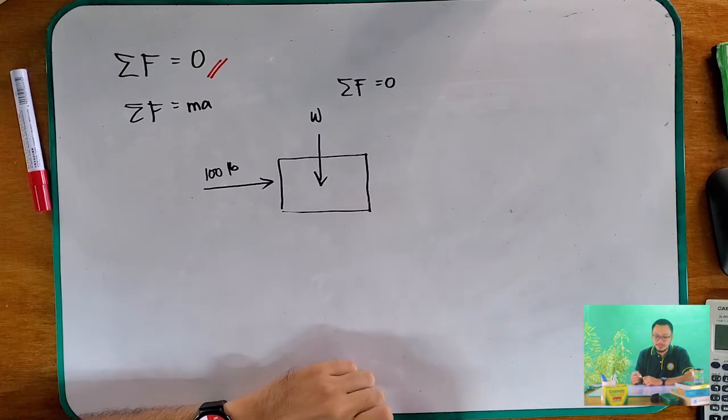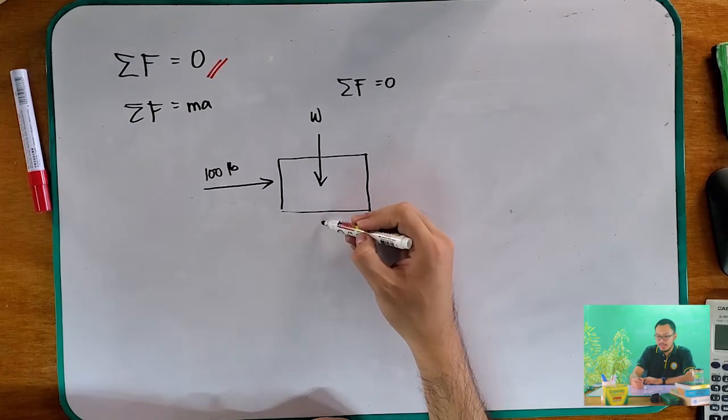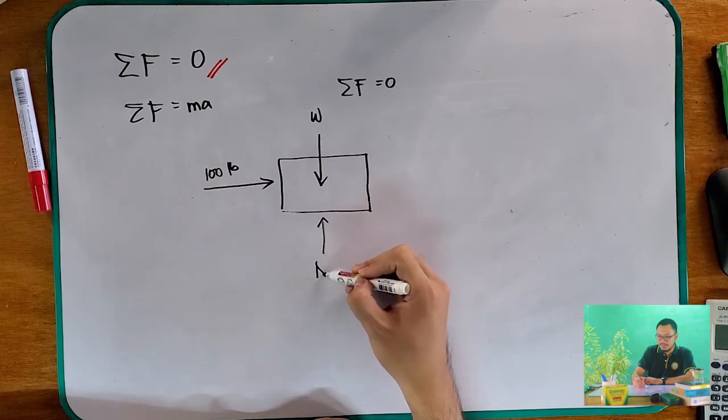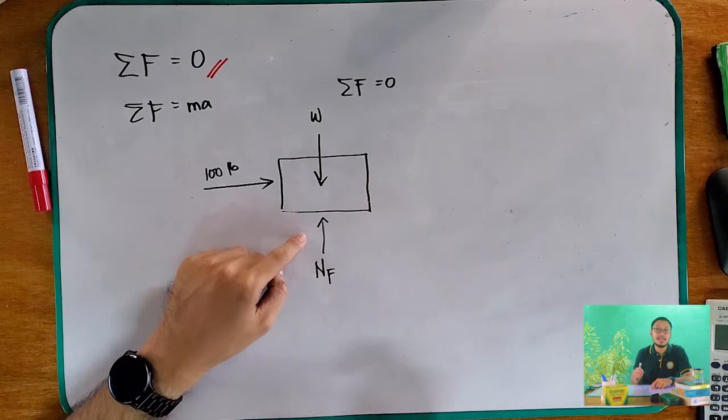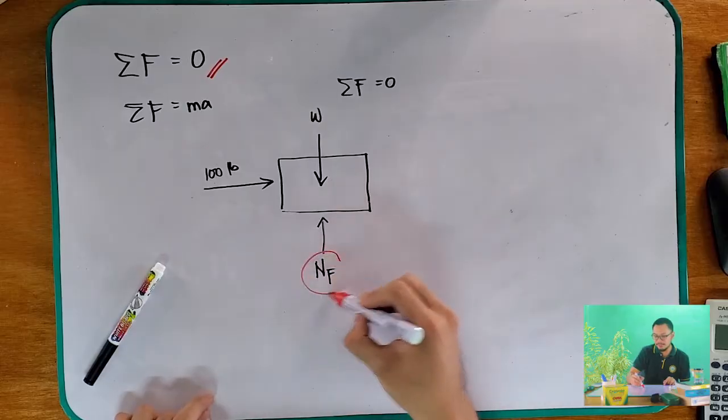And because of that weight, there is also a normal force that is going against your weight. Remember what I said in our first lecture, that I sit on a table because I exert weight on the table, and at the same time the table exerts a force on me. And that is what you call your normal force.